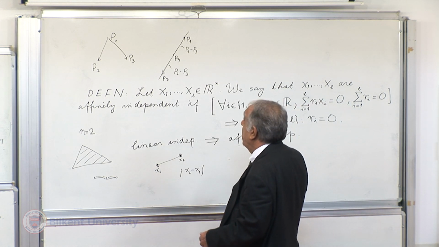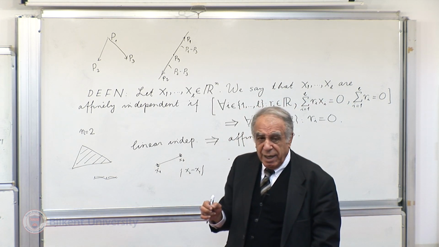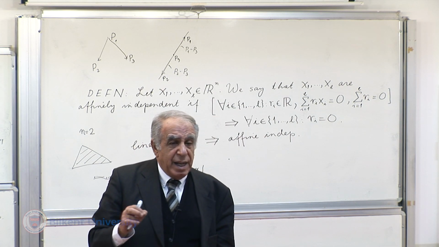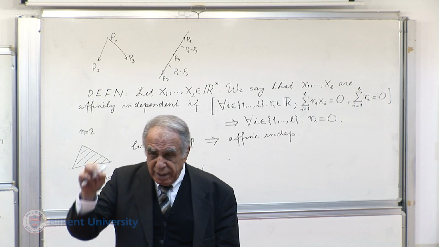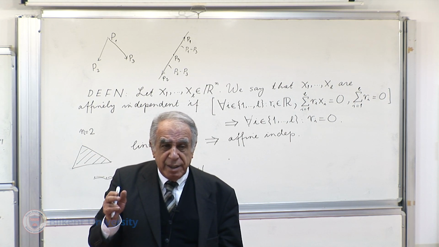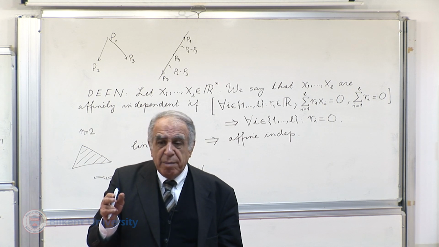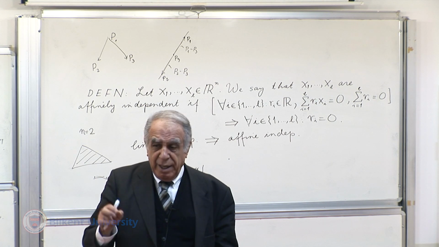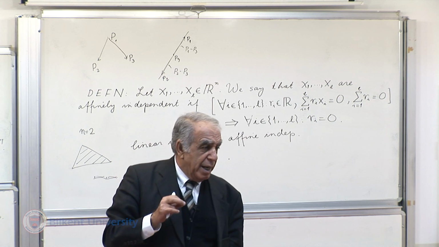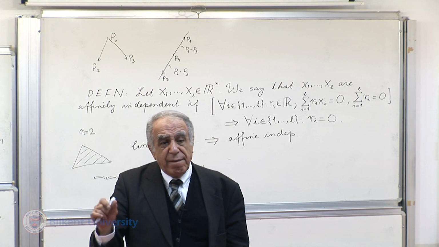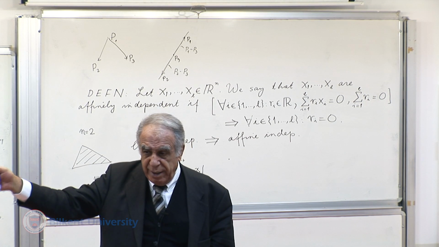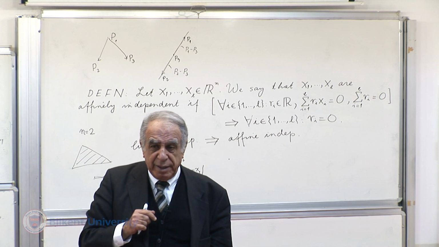So let us consider then convex hulls of affinely independent collections in Rn. We will refer to them as simplices. A k-dimensional simplex will be defined as the convex hull of k plus 1 affinely independent vectors.